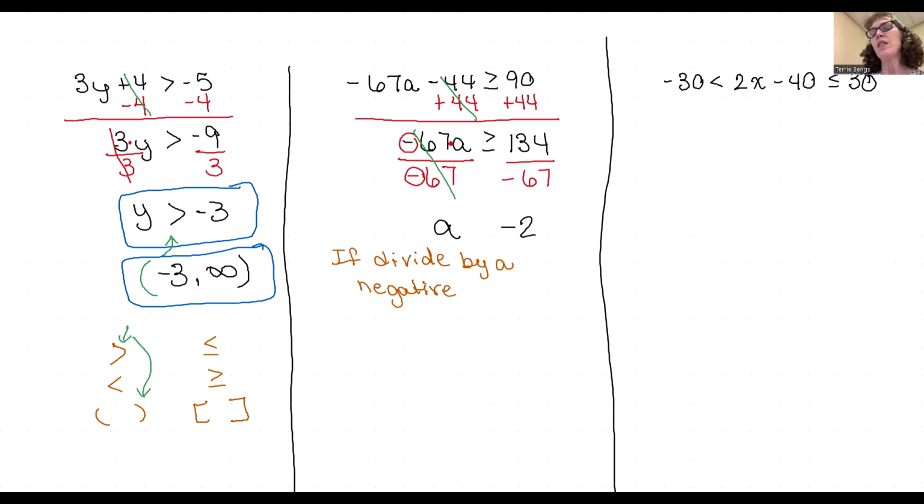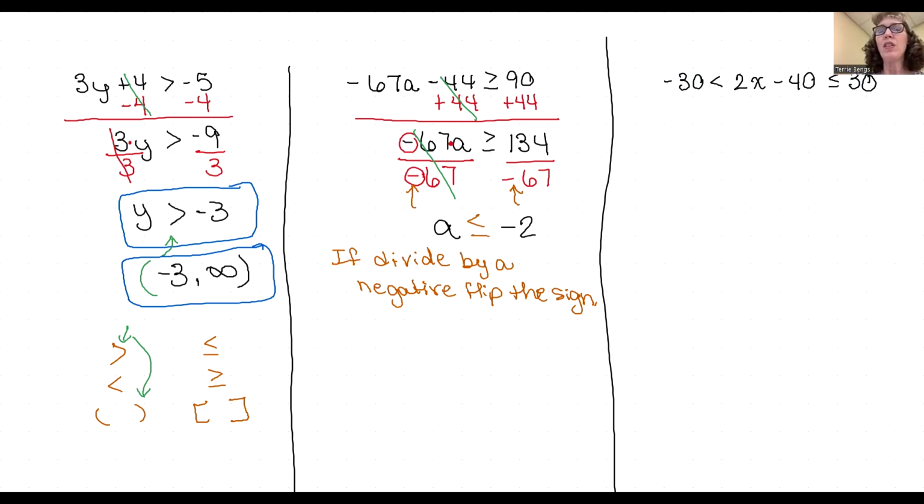All right, so what that means is, we can see our negative right here, right? We're dividing by a negative. If we divide by a negative, we have to flip the sign. It was going this way, so we're going to change that and flip it, and it's now going the other direction.